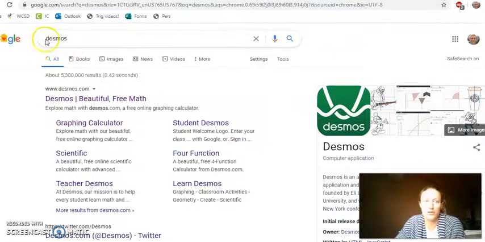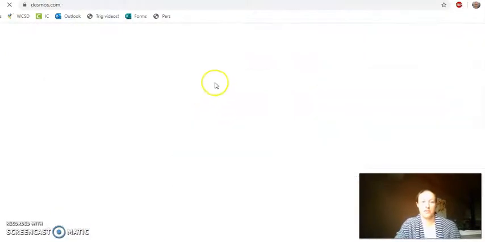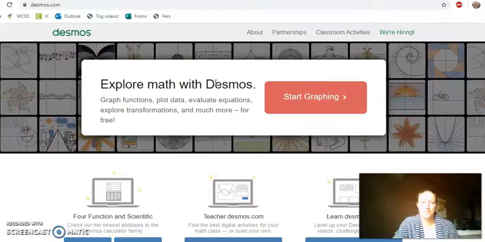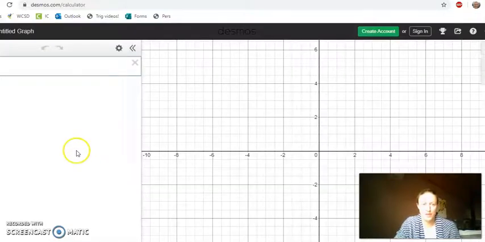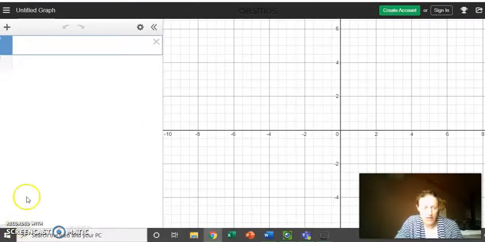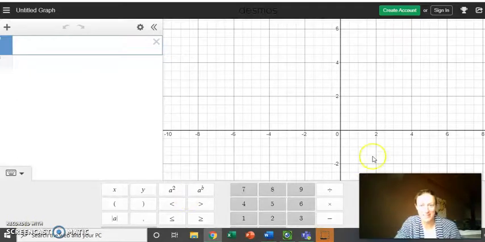Okay, so you're going to Google Desmos, D-E-S-M-O-S, and then you'll click on the graphing calculator part. Down at the bottom, there's a show keypad button. Then there's a functions button, which my face is in the way of.